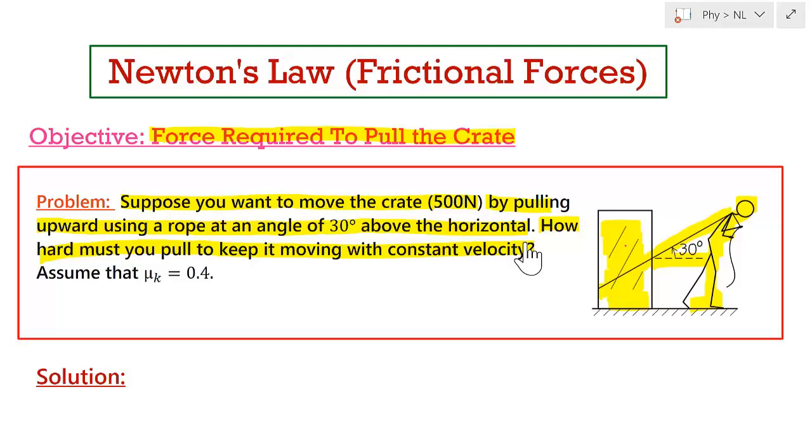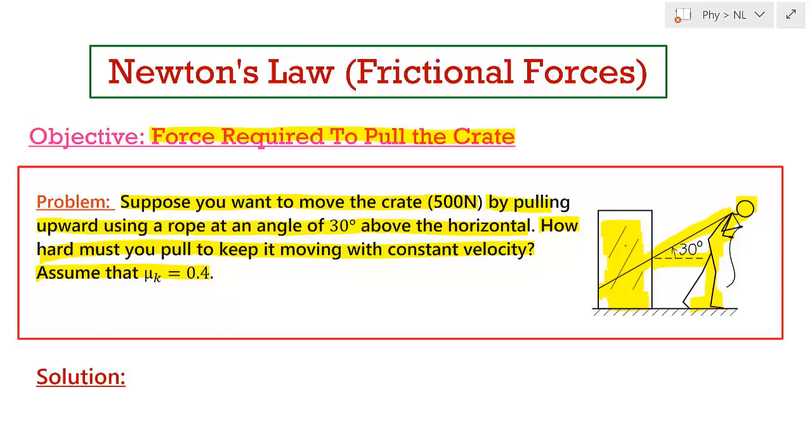This means the crate remains in equilibrium. Since the velocity is constant, acceleration is zero. So this crate is in equilibrium, and we can apply Newton's first law. What else is given? We have been given the coefficient of kinetic friction, mu k is equal to 0.4.